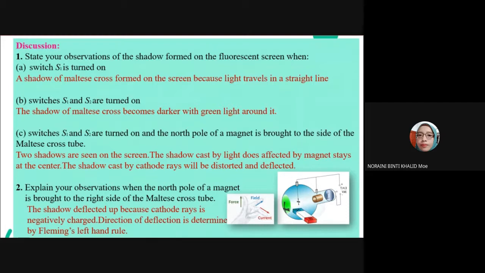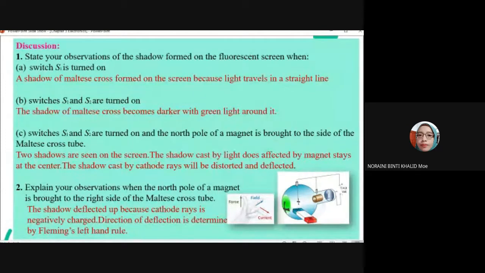Okay, magnetic field is into the screen, current towards the right, so your thumb points upwards, meaning the shadow will be deflected upwards. So this is how we use Fleming's left-hand rule to determine the direction of deflection of the Maltese cross shadow.